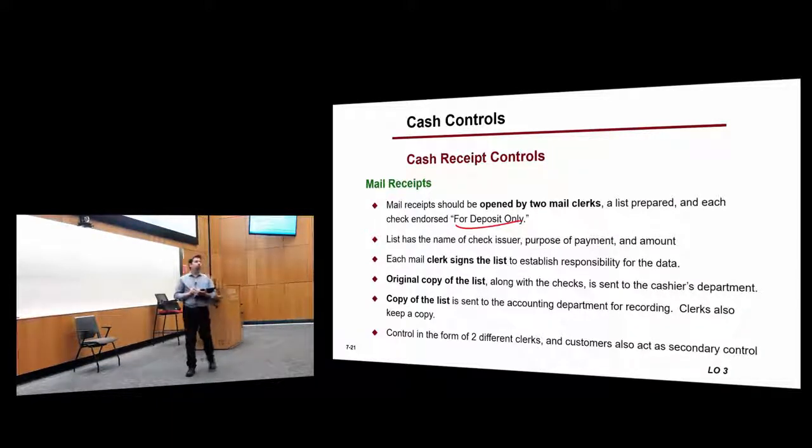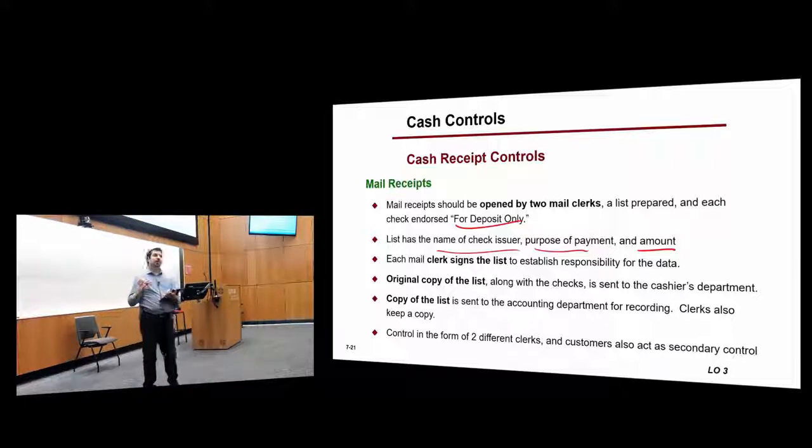Now, the two clerks will prepare a list of all the checks with the names of the check issuer, basically the payer, the purpose, why it is paid, and the amount. They sign that list. They prepare three copies of that list.